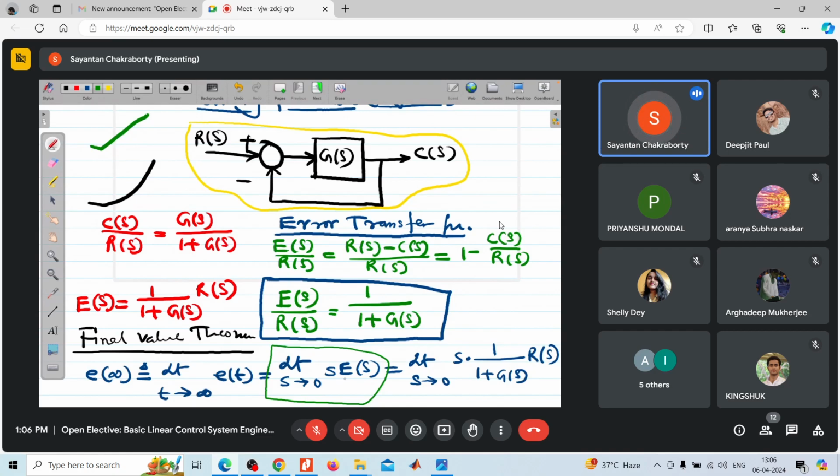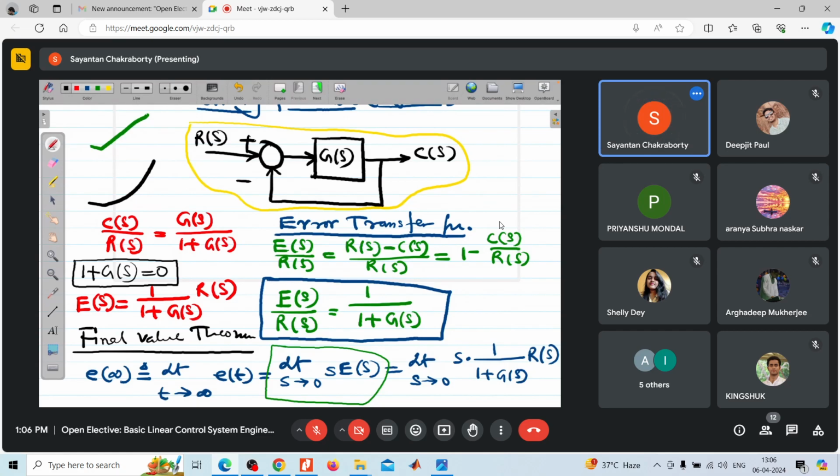So if the system is stable, then the roots of 1 plus G(s) equal to 0, the roots of this equation are the closed loop poles. If it is stable, they will be in the left half plane. So that will also ensure that the response will converge to a final steady state value. But if this limit doesn't exist, that is, if the system is unstable, then the steady state error analysis doesn't hold.